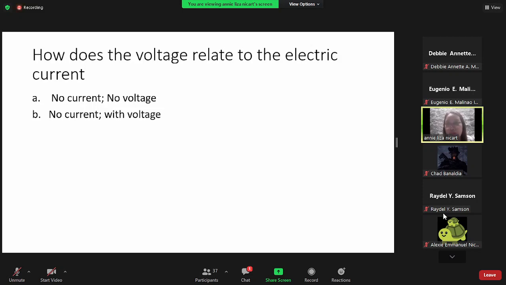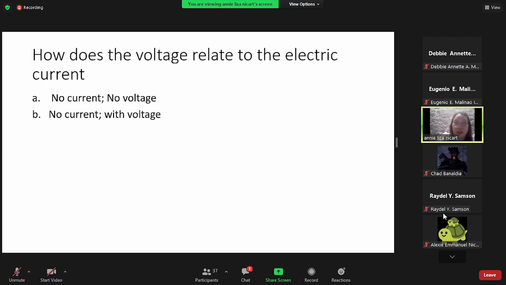So kapag hindi ka nagsaksak ng appliance sa outlet, merong voltage pa rin doon sa outlet. Wala lang current. Sa outlet lang itself ha, pero kung i-trace natin yung mga lines, the wires, before yan umabot doon sa outlet, may actually current.